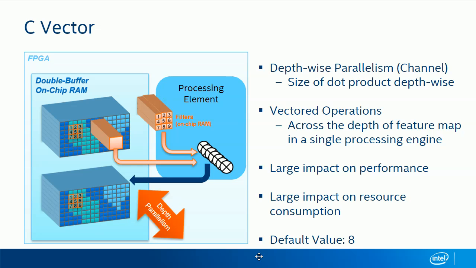This parameter increases the number of FPGA multipliers instantiated for each processing element, so there is a large impact on resource consumption, but also a large impact on performance. There's an almost linear relationship between the number of multipliers used and the performance of the DLA convolution engine. The default value for C vector, if not specified, is 8.